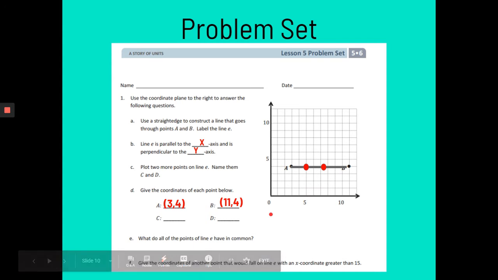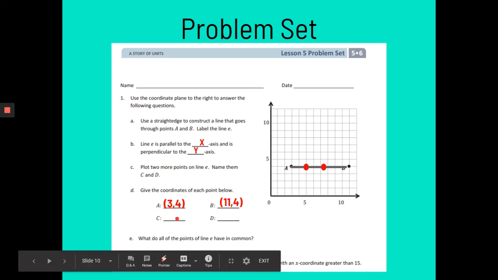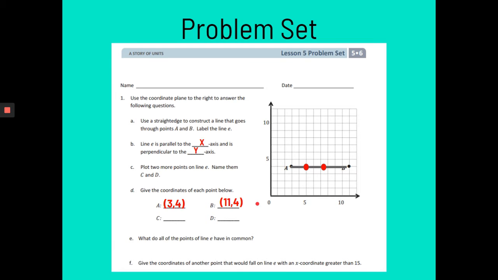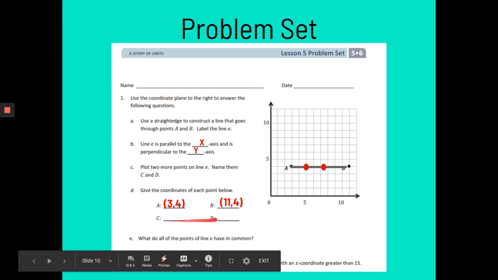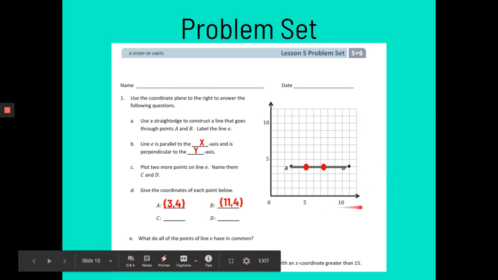What do we already know about C and D based off of this, knowing this y-coordinate and this y-coordinate, and knowing that they're all connected, and also going off of what we talked about in the lesson before? What can we assume about C and D? I want you to write your answer to that question in the comments below.